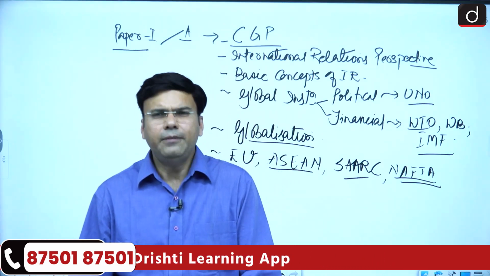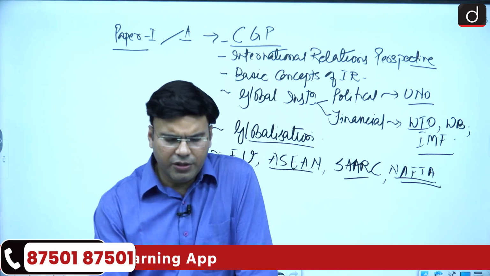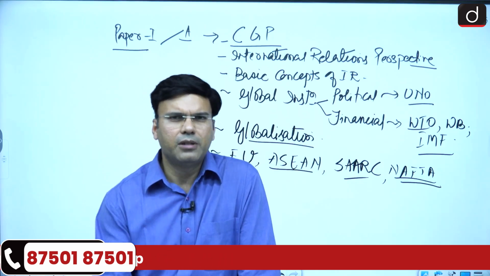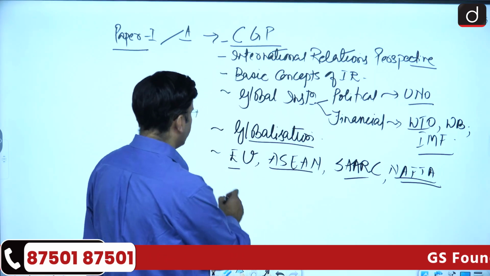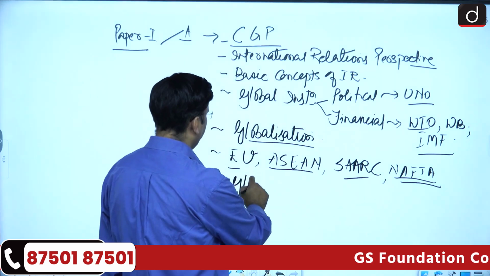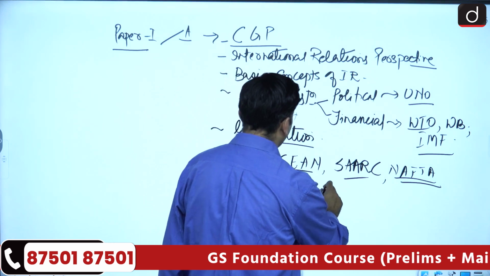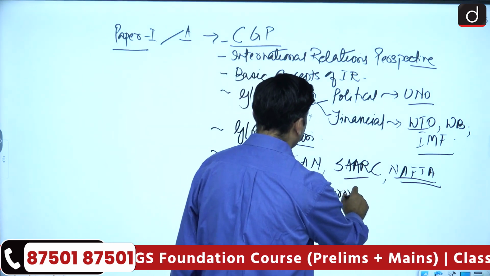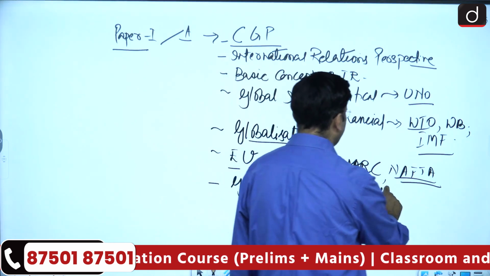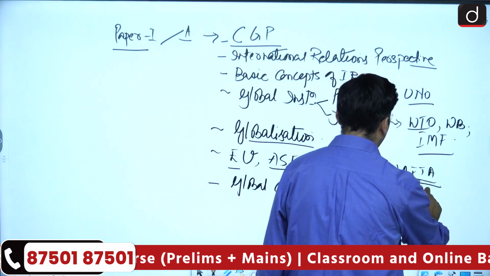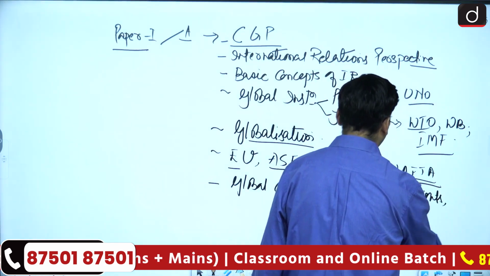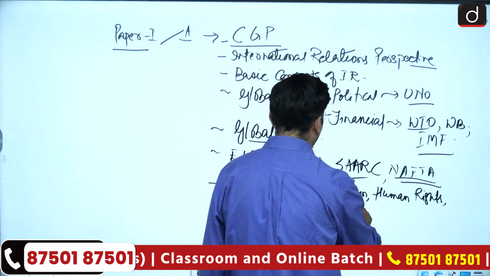Okay, and then there is a chapter that is dedicated to global concerns. For example, in today's world, what are the biggest concerns? So I would say that there are some very, very significant global concerns. For example, terrorism is a huge global concern. Human rights is a huge global concern. Democracy is a huge global concern. Environment is a huge global concern.